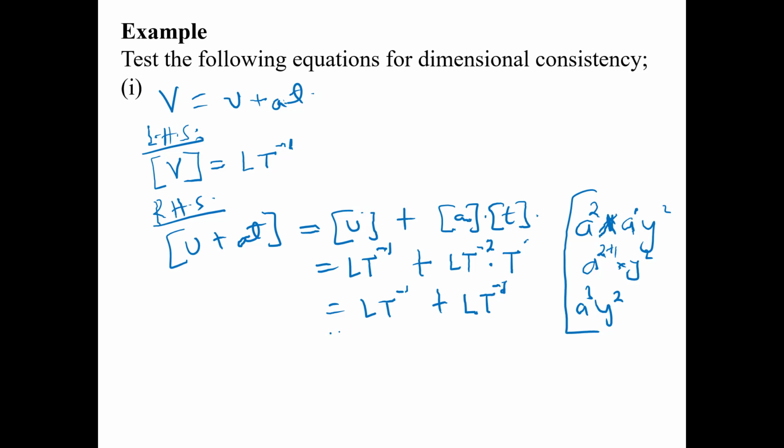Now, when we reach here, when you have dimensions, this value here, which is the same as this one here, you don't add that this is 1, then you get 2L t power negative 1. No. You simply get the final expression as L t power negative 1 as the answer. In other words, don't get 2L t power negative 1 because this 2 here is dimensionless.